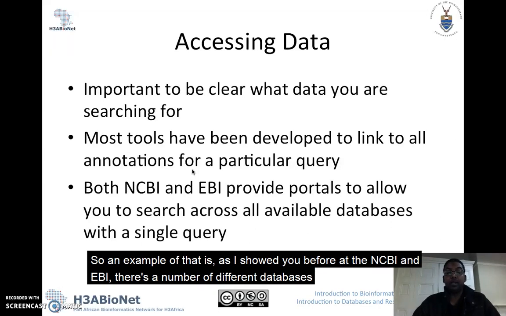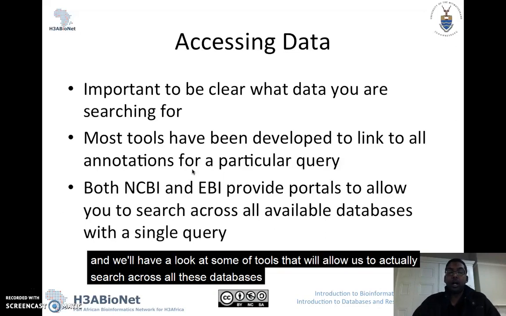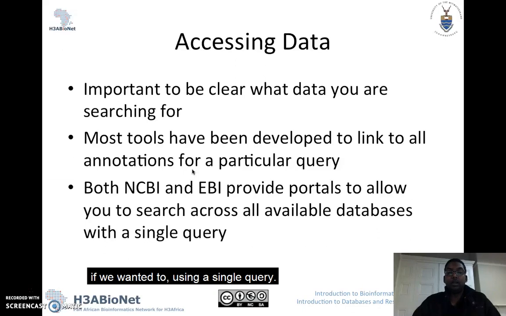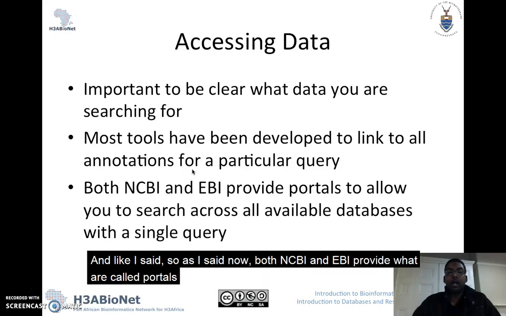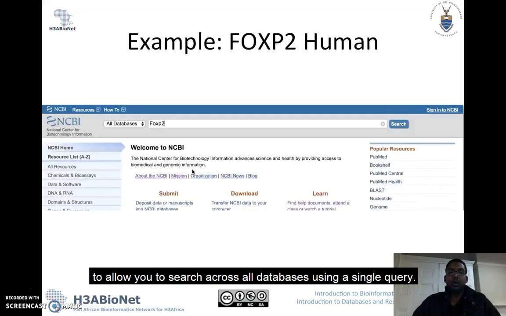There's a number of different databases that are all housed within the umbrella of the NCBI or EBI. And we'll have a look at some of the tools that will allow us to actually search across all these databases using a single query. As I said, both NCBI and EBI provide what are called portals to allow you to search across all their databases using a single query.